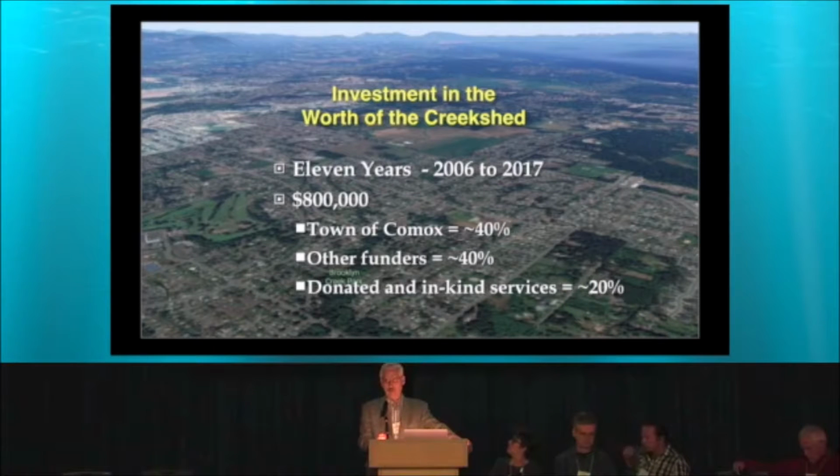Over 11 years, from 2006 to 2017, about $800,000 was invested in restoration work, which is really maintenance and enhancement. The town of Comox put up 40% of the required cash, other funders 40%, and donated and in-kind services about 20%. So there was a lot of leverage to the advantage of the local government to get this work done.